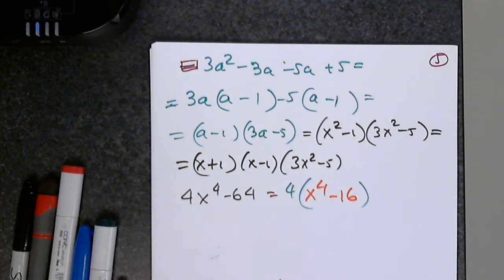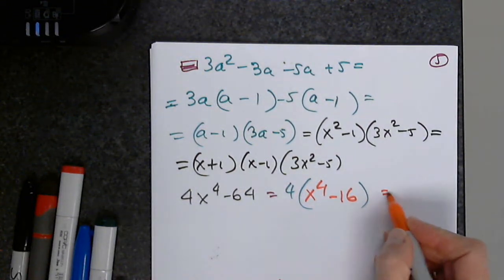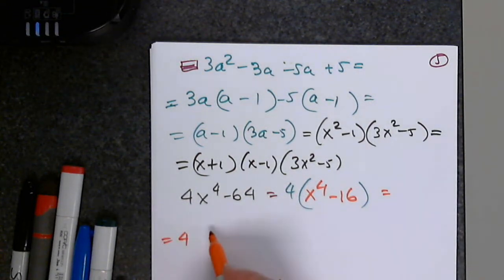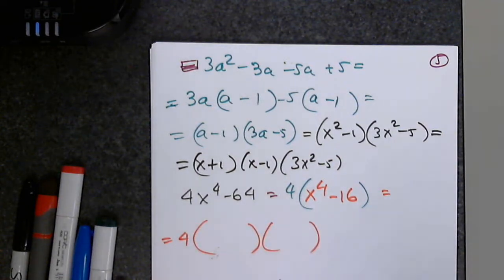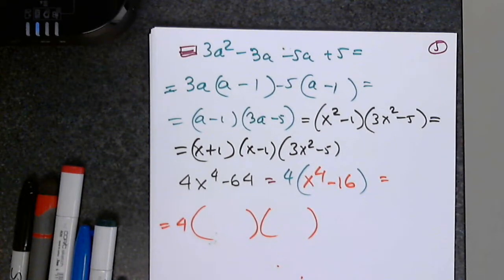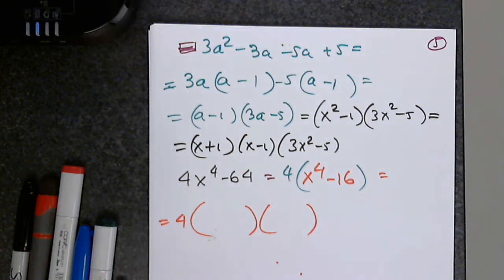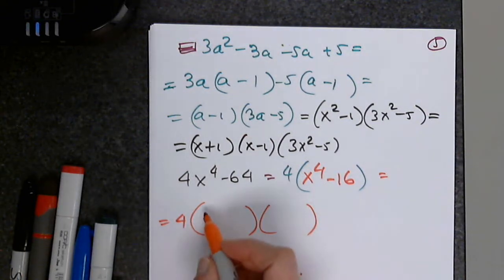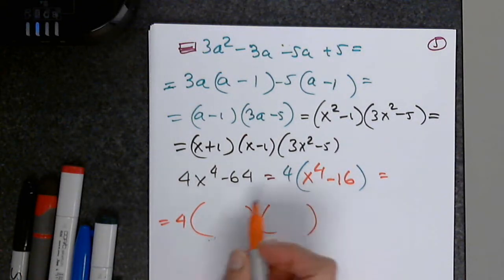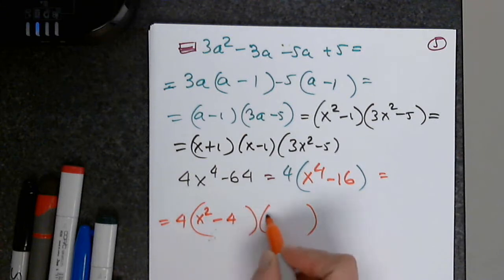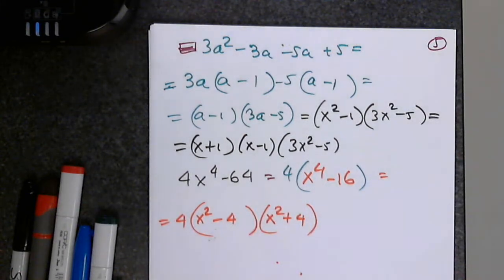So is there any way I can factor this? Excellent. Good. What do I get? Very good. It's x squared minus 4 and x squared plus 4 first.